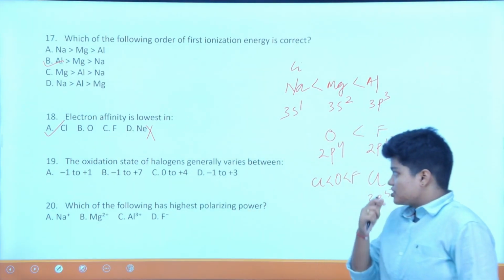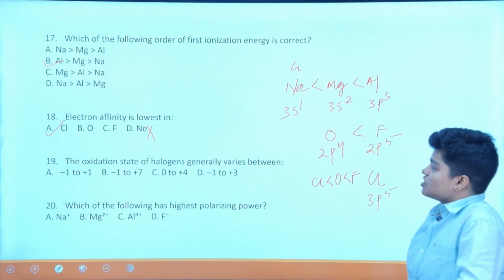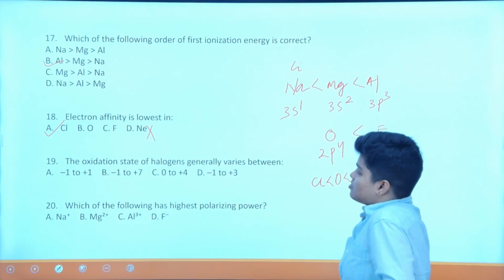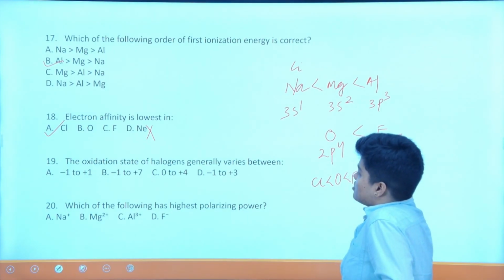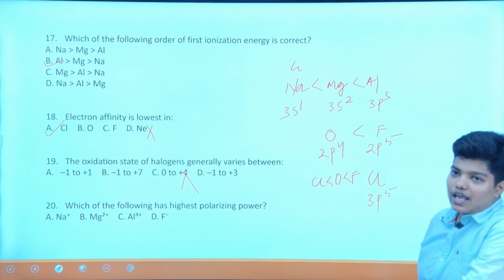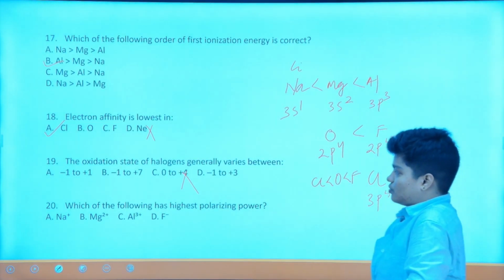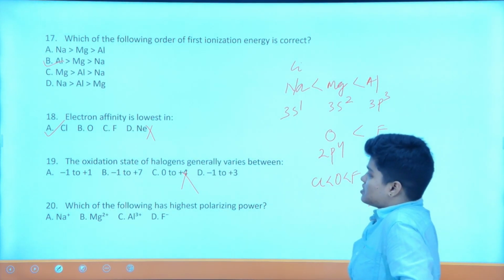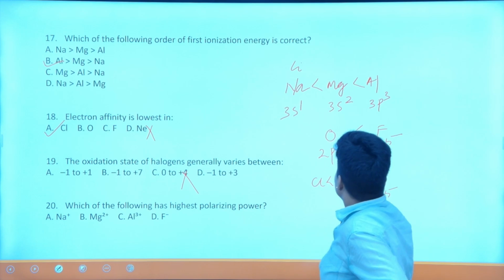Now, the oxidation state of halogens generally varies between: -1 to +1, -1 to +7, 0 to +4, or never. We know that halogens always show -1.